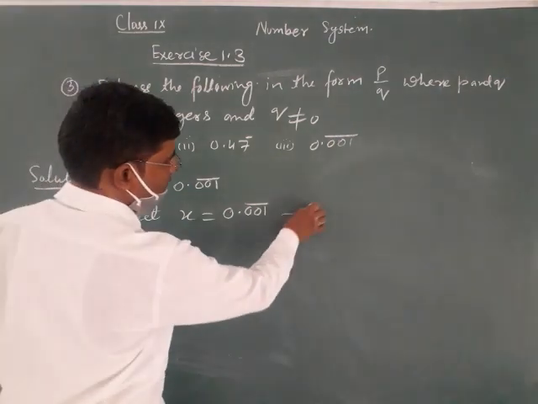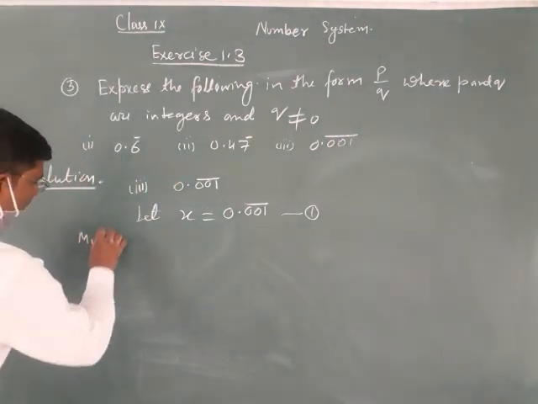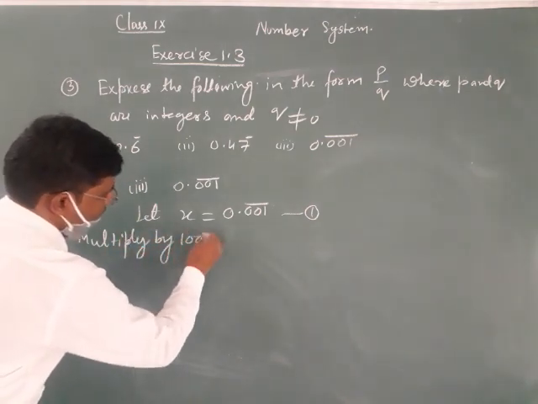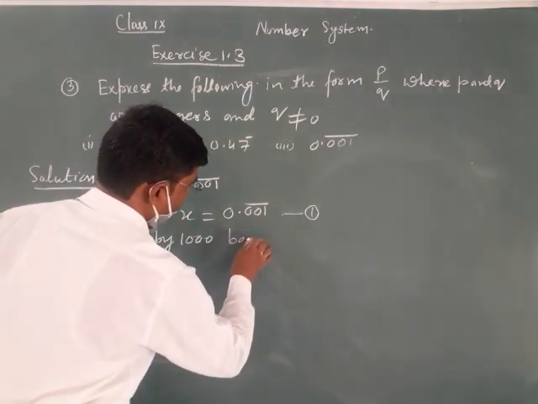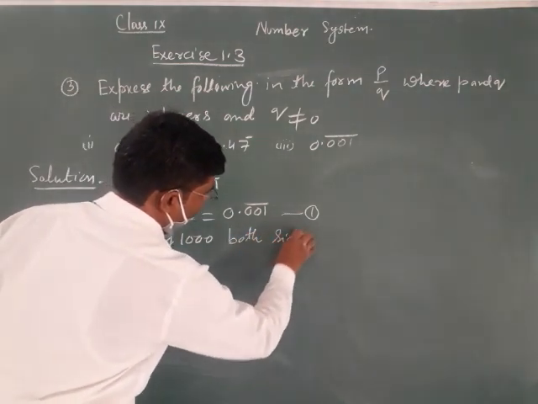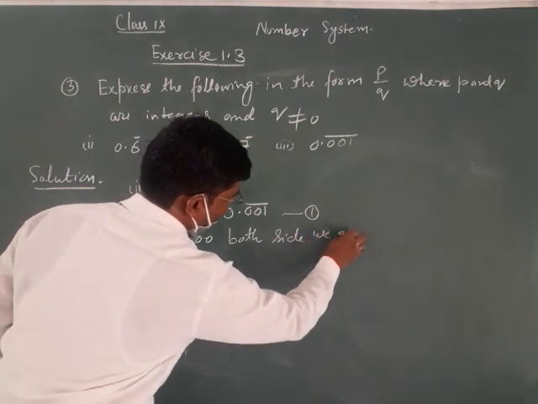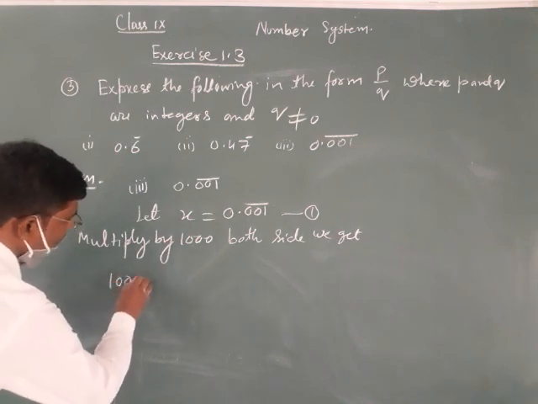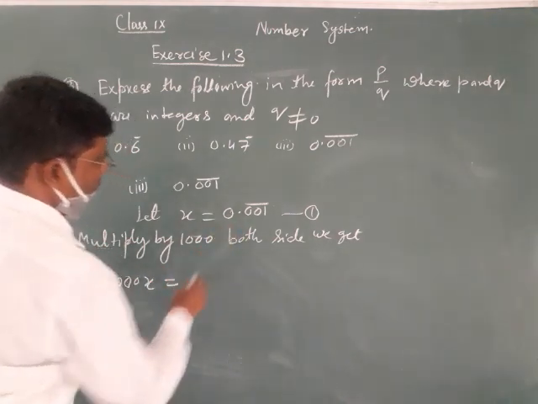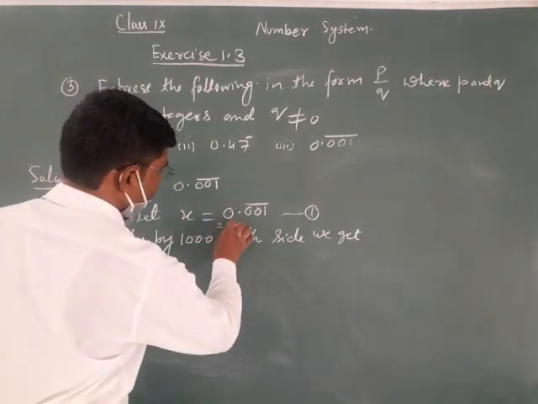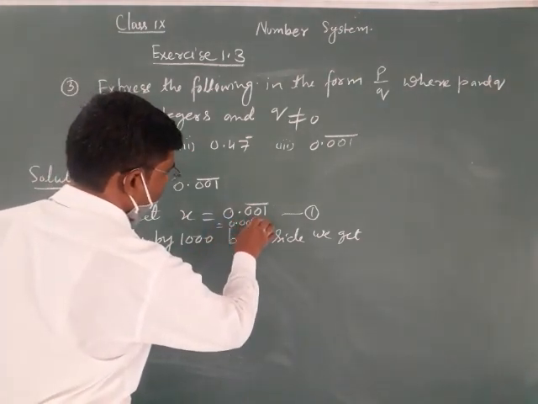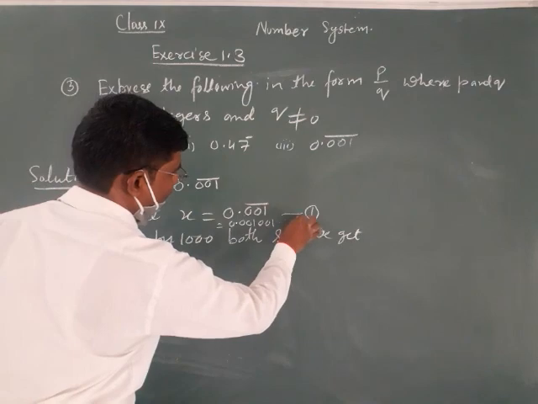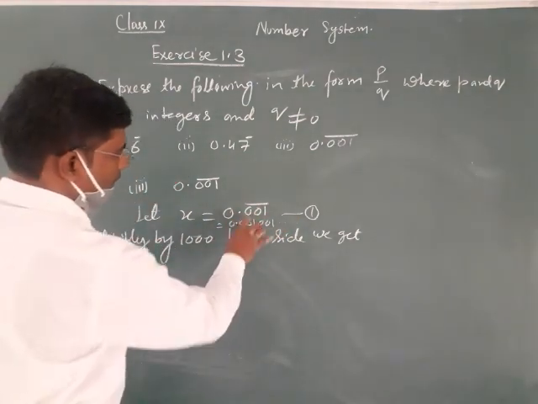So now taking the first equation and multiplying by 1000 on both sides, we get 1000x is equal to, so now repeating 0.001 and 0.001... This is 3-digit repeating.